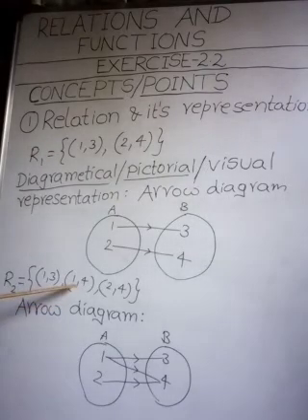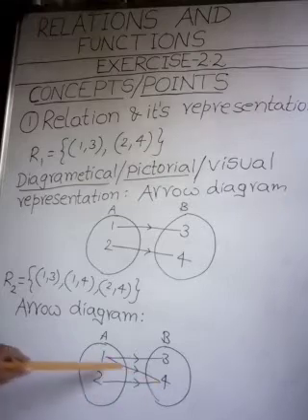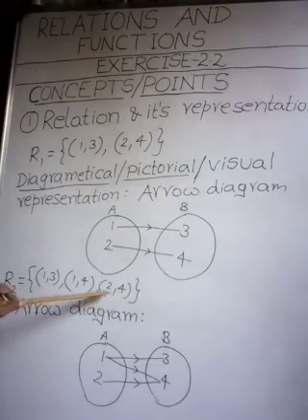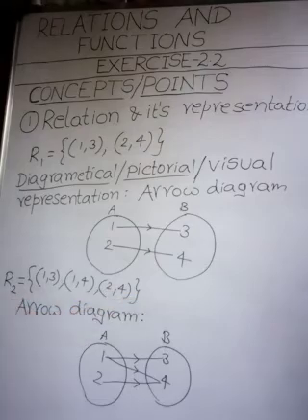Similarly, see the second ordered pair. 1 is related to 4, 1 is associated with 4. So from 1 to 4 I have drawn an arrow. Understood this point, my dear children? Third ordered pair, 2 is related to 4, 2 is associated to 4.